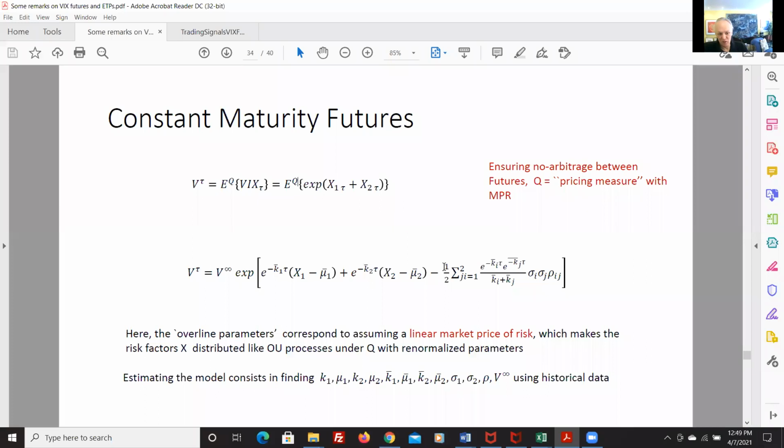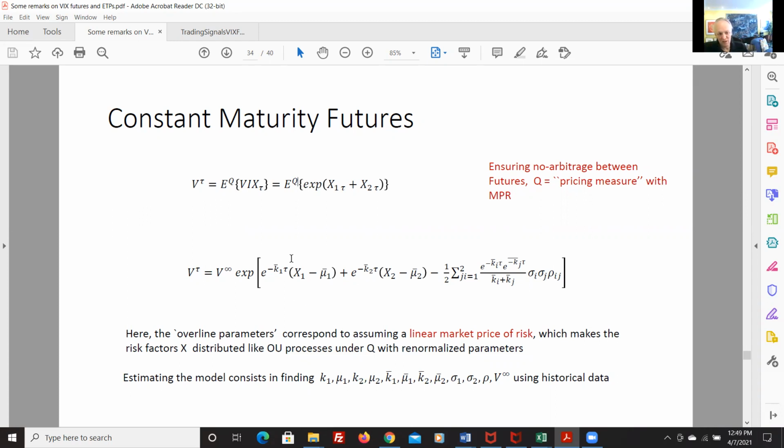Ornstein-Uhlenbeck processes. So we have the mean reversion rate for each factor; one would be the long-term factor, and two would represent more the short end of the curve. And when you have an overline, that means it's the Q measure, the one that we also estimate using the futures curves.